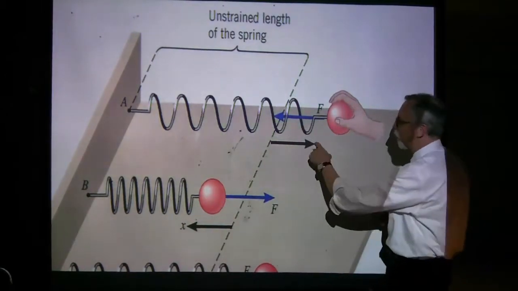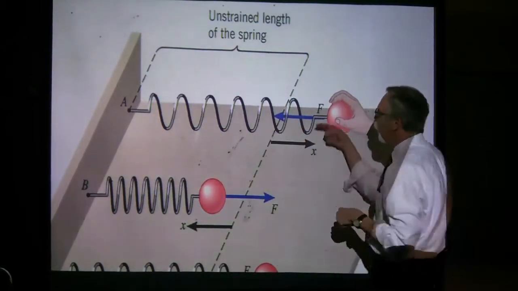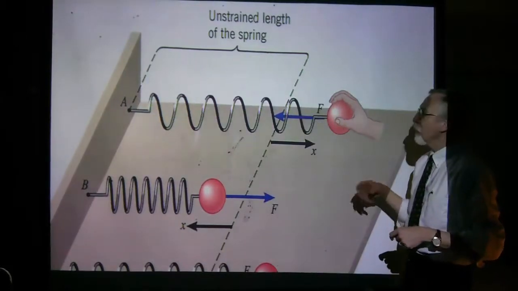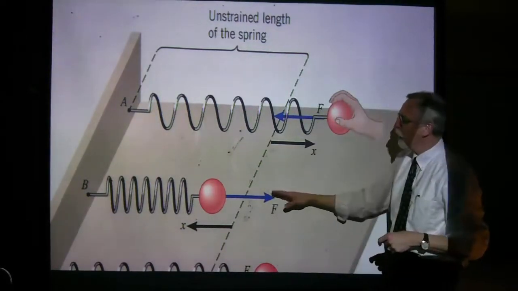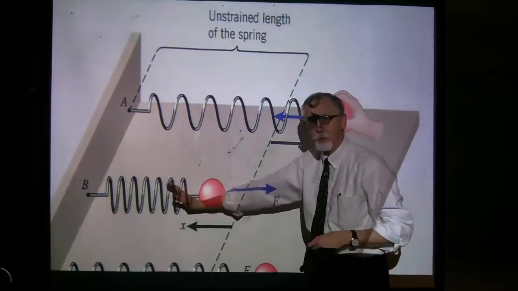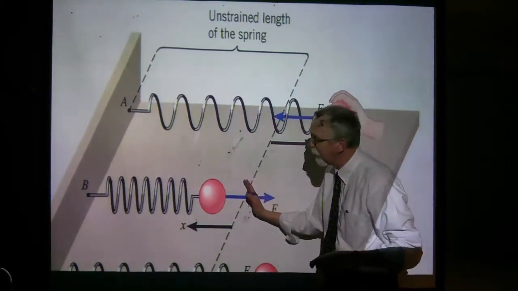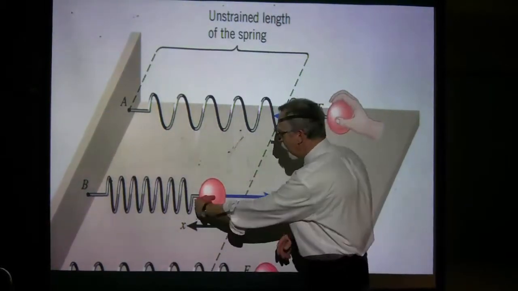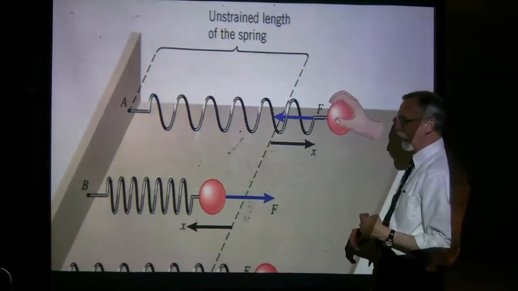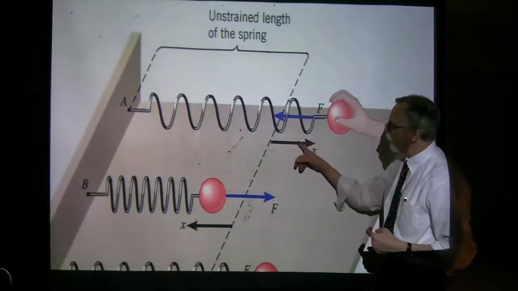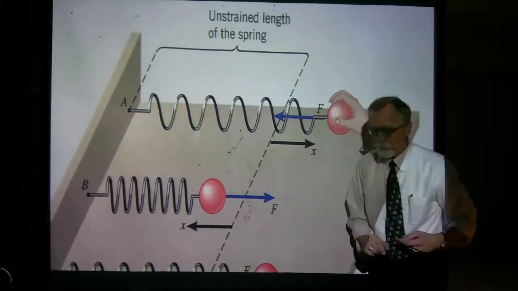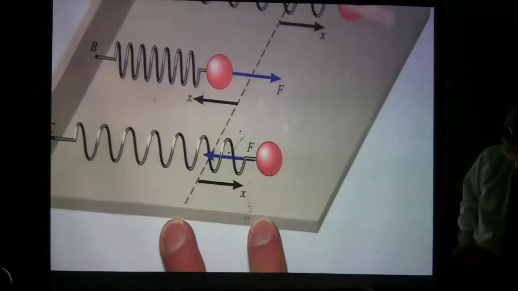So if we displace it to the right, the spring pulls to the left, with some force F. Likewise, if we compress the spring, so that we displace the object to the left, we end up with a force pushing back to the right. So let's notice that the force is always in the opposite direction to the displacement.